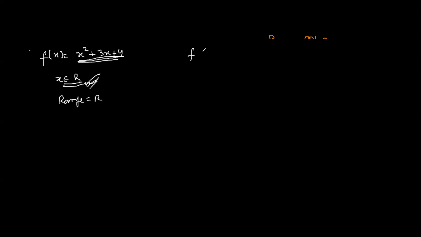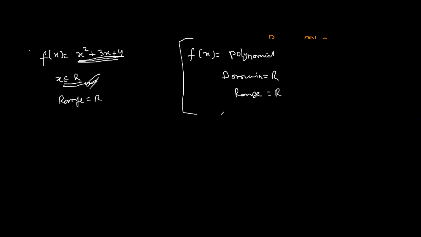So whenever a polynomial is given, domain will be, you can write here, a real number, and range is also a real number. Note down this. This is standard form. Understood? Note down this.